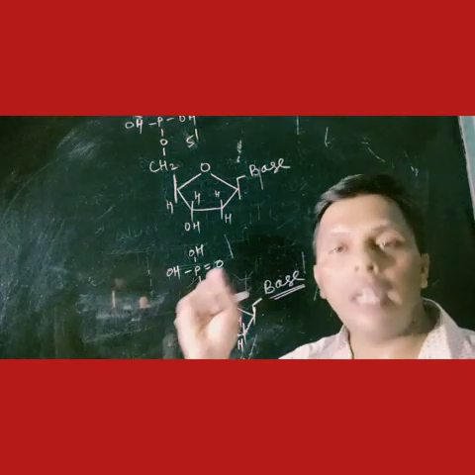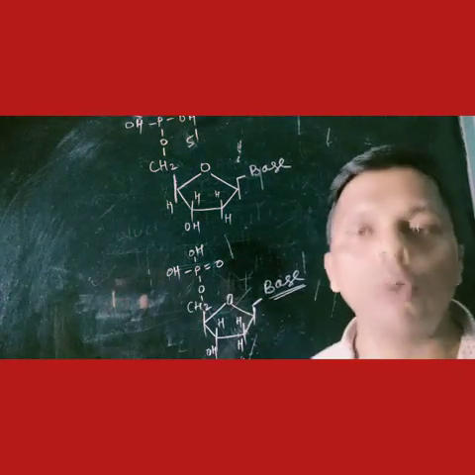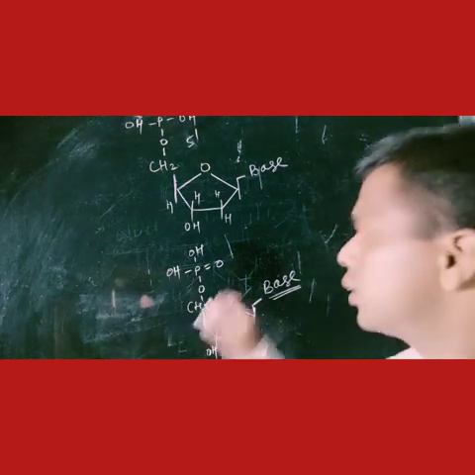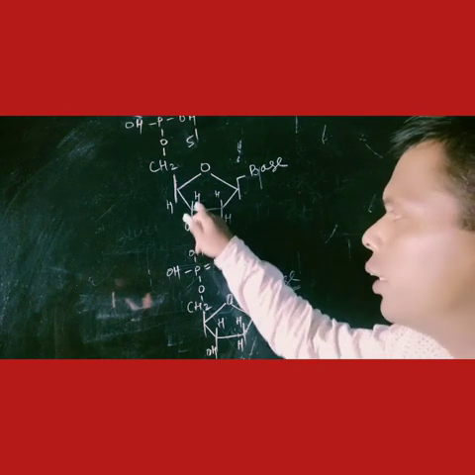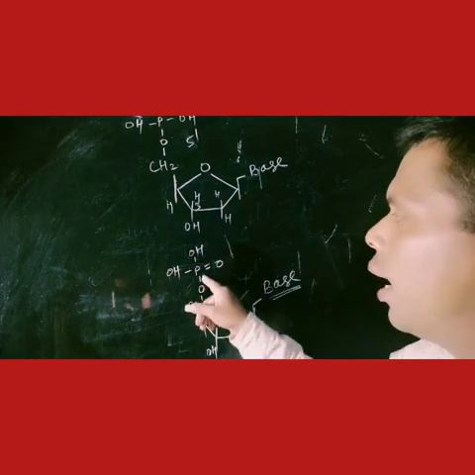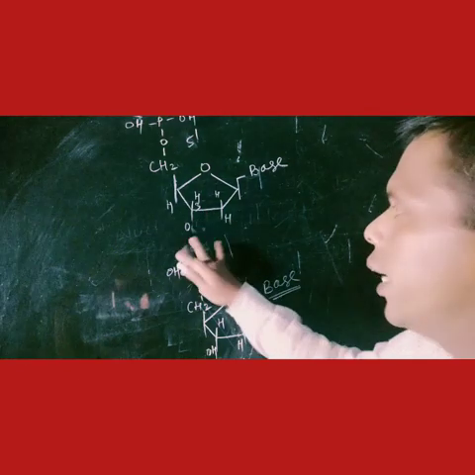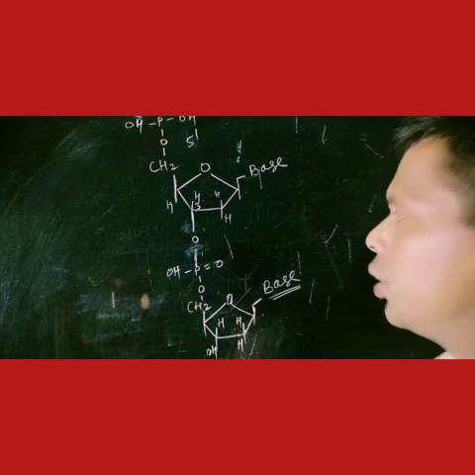When a linkage is established between the two nucleotides, where is the linkage established? Here the 3' position of the sugar is attached to the phosphate. H and OH eliminate 1 mole of water. The linkage is established here.